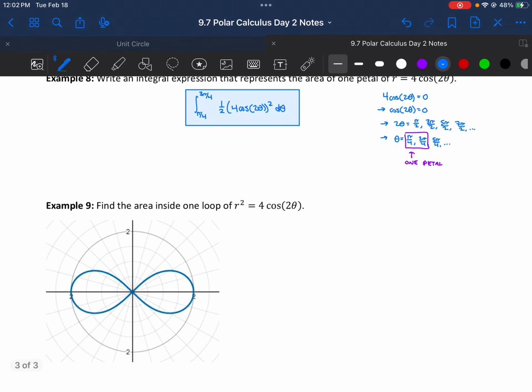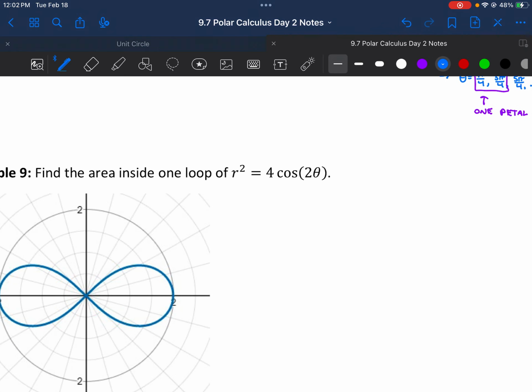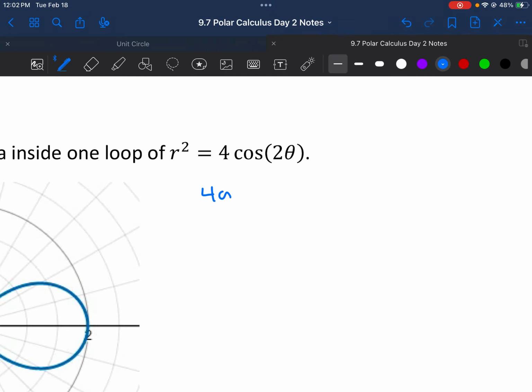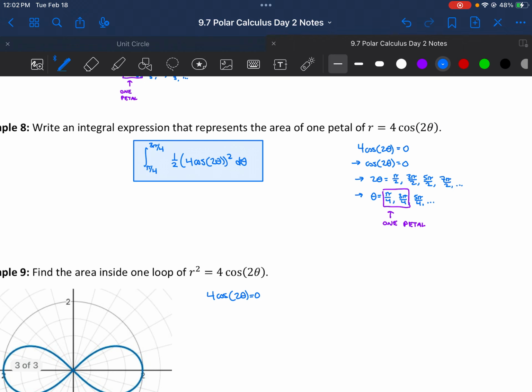All right, final problem. Find the area inside one loop. Okay, area inside one loop. So same deal, one loop, we want to take our function, and we want to find out when r equals 0. Okay? So 4 cosine 2 theta equals 0. Is that the same thing here?